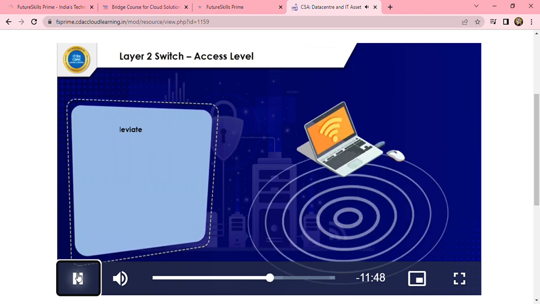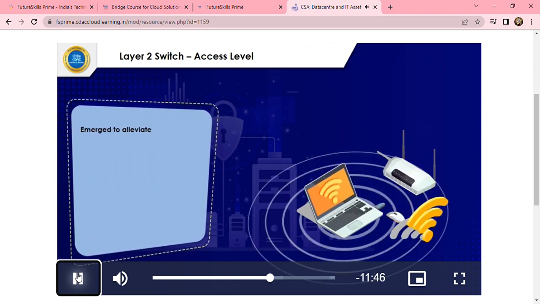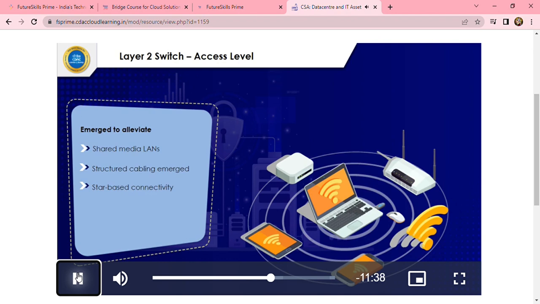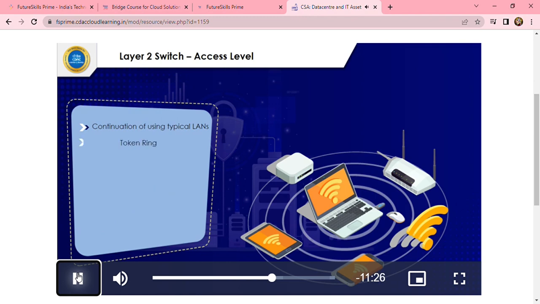Historically, Layer 2 switches emerged to alleviate the contention problem of shared media LANs, as structured cabling emerged and star-based connectivity to network centers was adopted. The exploitation of existing cabling and existing network adapters led to the continuation of using typical LANs, such as Ethernet and token ring, but enabled the development of Layer 2 switches.